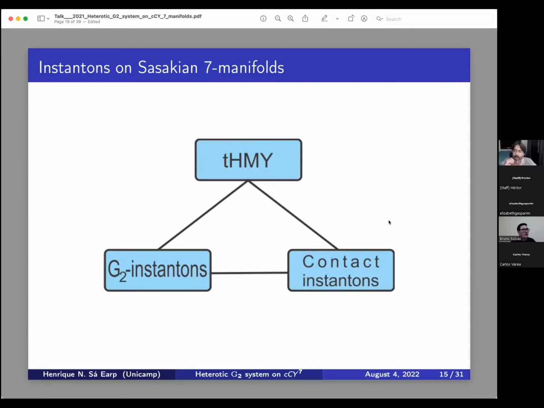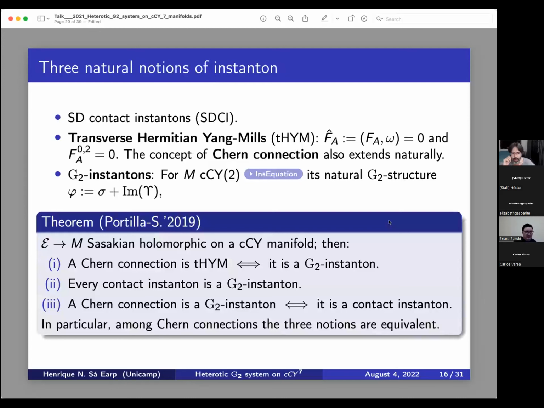So we should specialize our gauge theory in a way where we understand what's natural to consider. This is some work I've done with my former student, Dr. Luis Portilla, where we look at the relation between these three types of instantons.